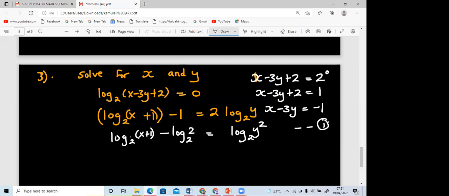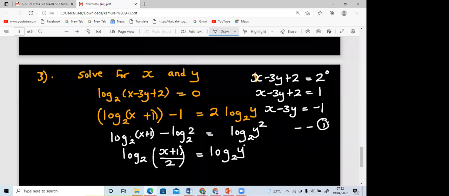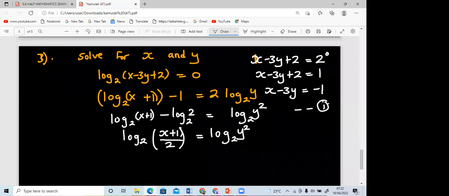Then since the logs are of the same base, on the left-hand side we shall divide. x plus 1 over 2 is equal to, then divide by log 2 on both sides.